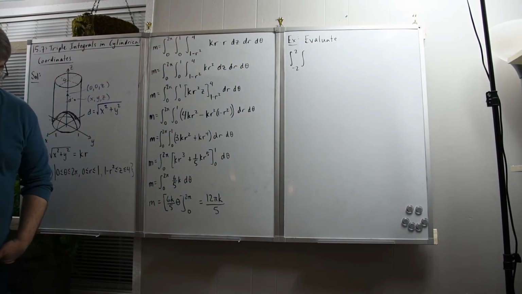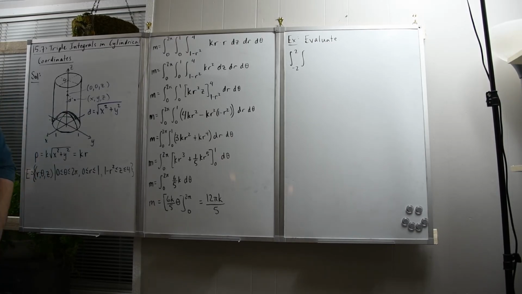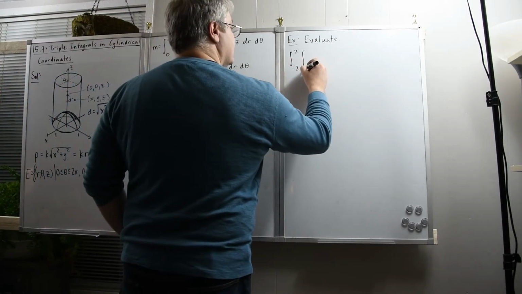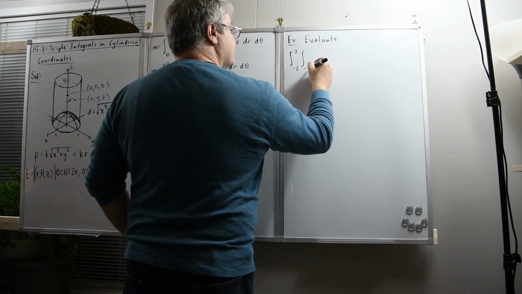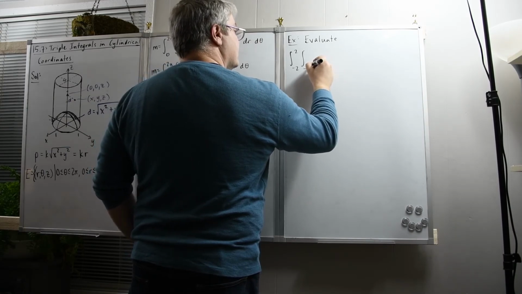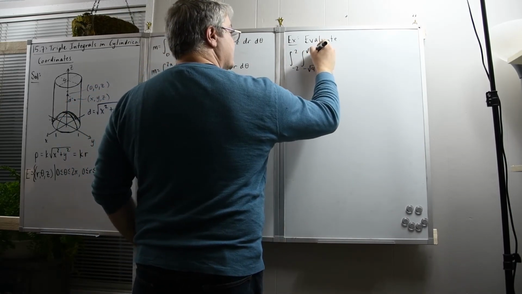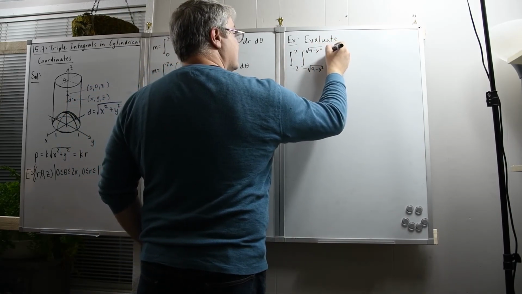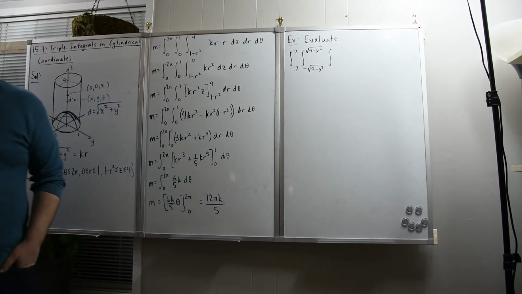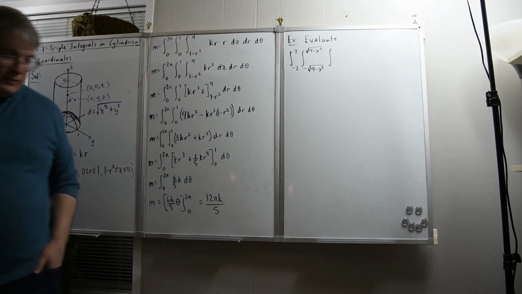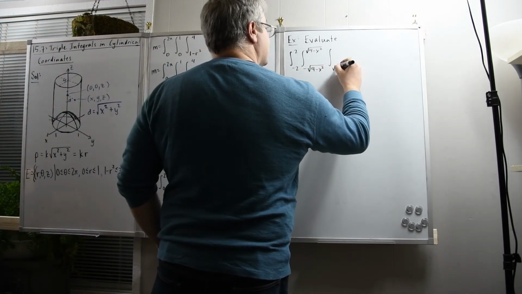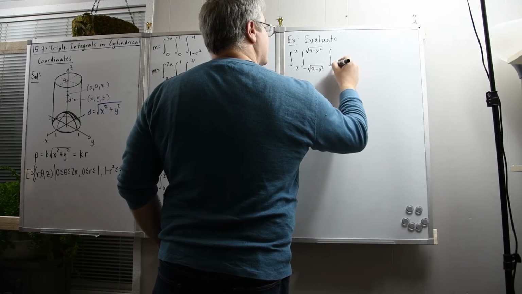Leftmost integral has limits of integration -2 and +2. The middle integral has limits of integration of negative square root of 4 minus x squared and positive square root of 4 minus x squared. And the inside integral has limits of integration of square root x squared plus y squared and 2.